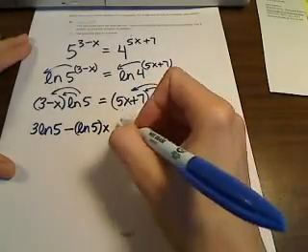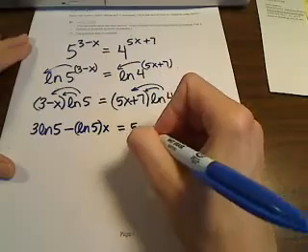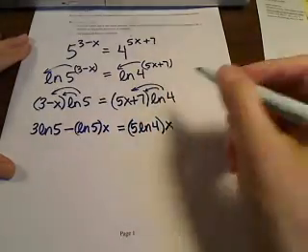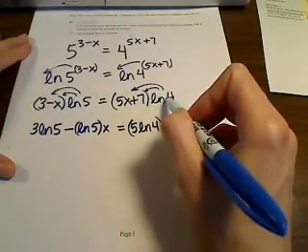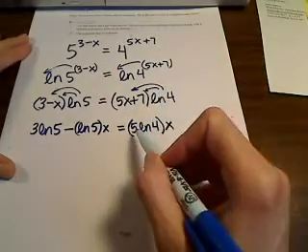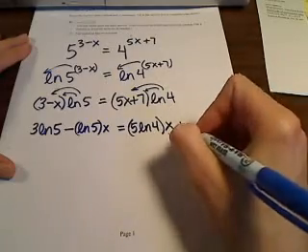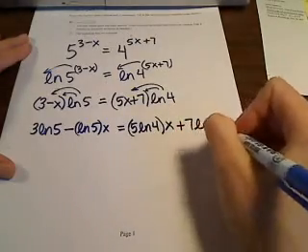And then we have 5 times the ln of 4, this whole thing times x. Because remember the ln of 4 is just a number, so 5 times the ln of 4 is just going to be some number, and that's going to be the coefficient of x. And then we have 7 times the ln of 4.